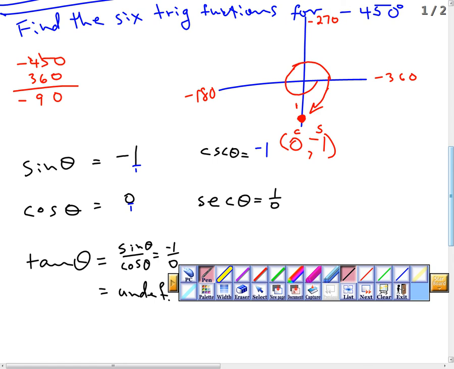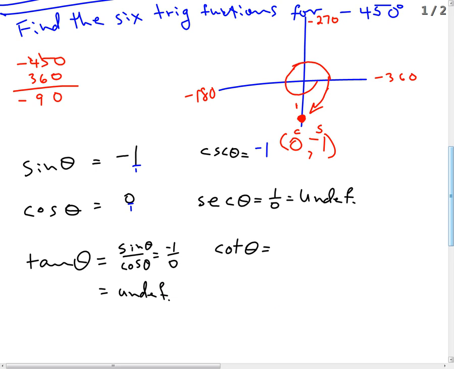So really, secant is going to be what? Undefined. Good. Okay, and then we have cotangent theta is going to be what, Harley? 0. Good, because this would be like saying 0 over negative 1, so that would be 0. All right, good. Questions with that? All right.